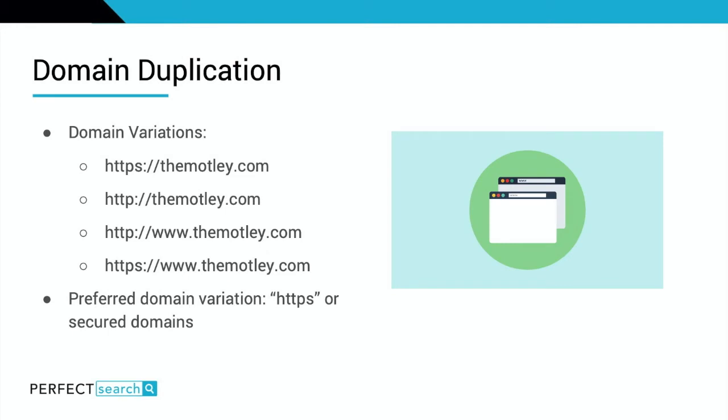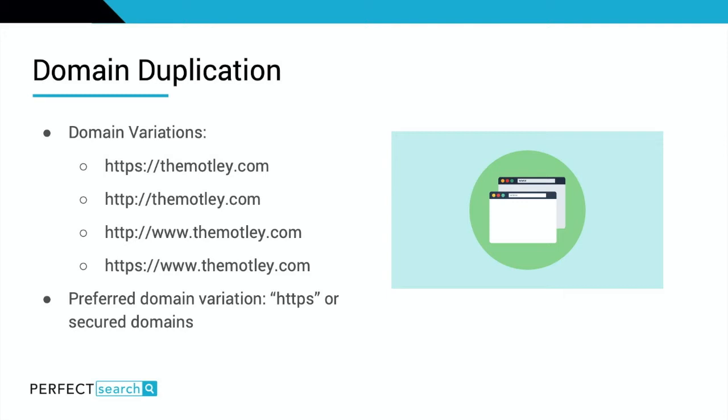So domain duplication is when there are variations in your domains, such as the secure HTTPS and non-secure HTTP versions of your domain, or if your domain is using the www or not. If these are all up and running, this would be considered domain duplication, and your site would be competing with itself for rankings.